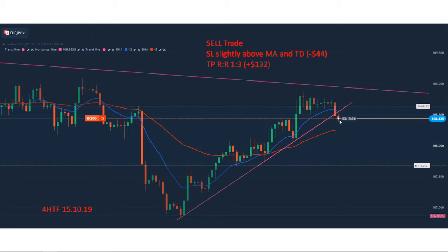Therefore, if the price starts moving against me, my trade will close with stop loss minus $44. And as you can see, my take profit is $132. Once again, my risk to reward ratio is 1 to 3.